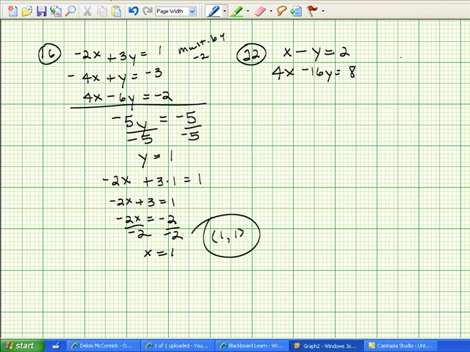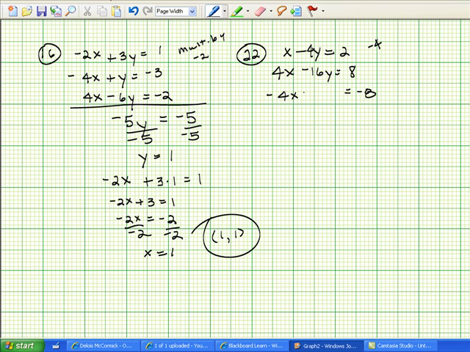Negative 4x plus 16y equals negative 8. Oops, I copied it wrong. We add them, we get 0 equals 0.